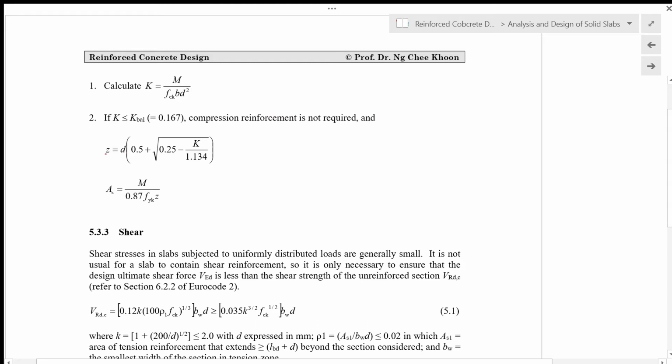Then we calculate the lever arm Z. So after that, we calculate the amount of steel reinforcement as required for the slab, okay, by using this equation here. After that, we check for shear requirement.